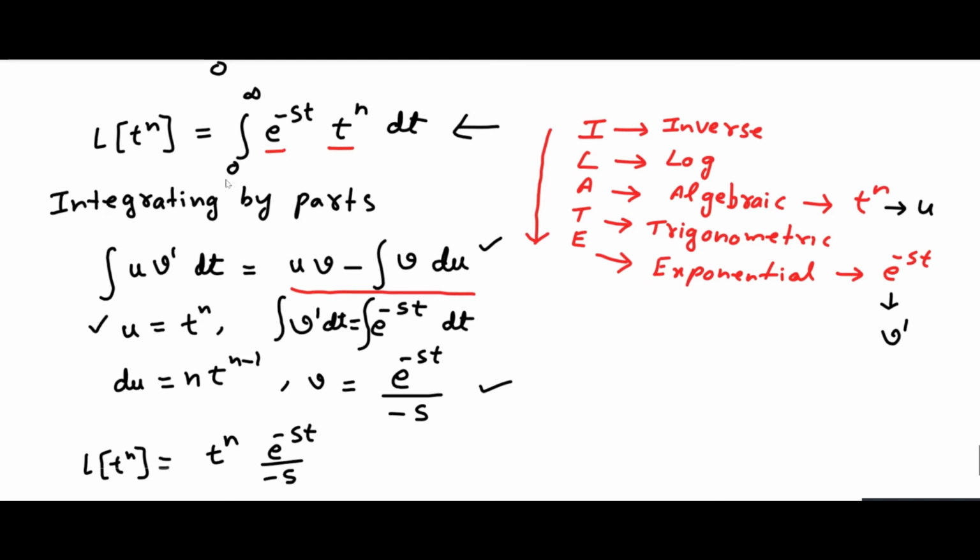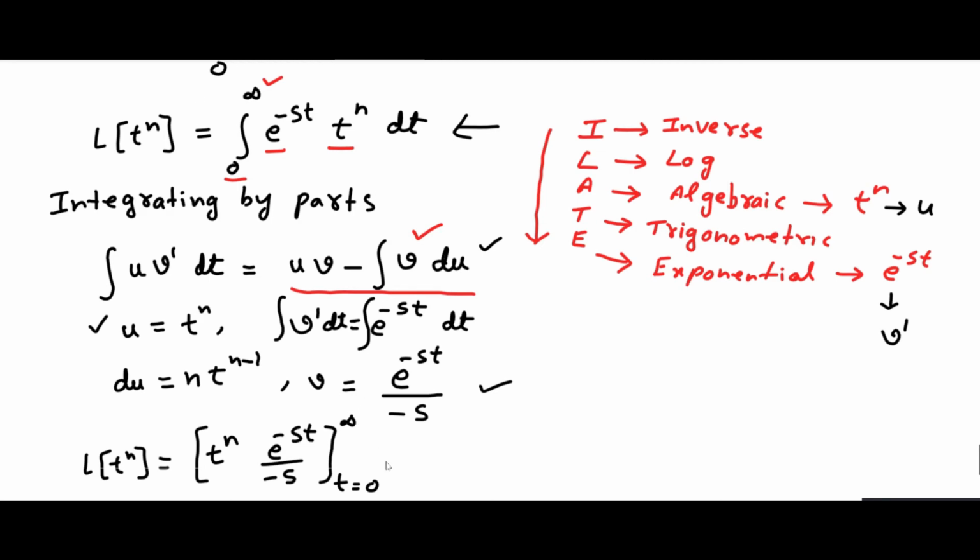Because you have an integral over here, the integral is running from 0 to infinity. So I have to write the value of t running from 0 to infinity. So I have written uv, then you have minus integral of v du.